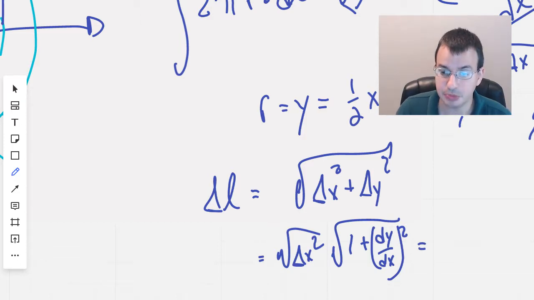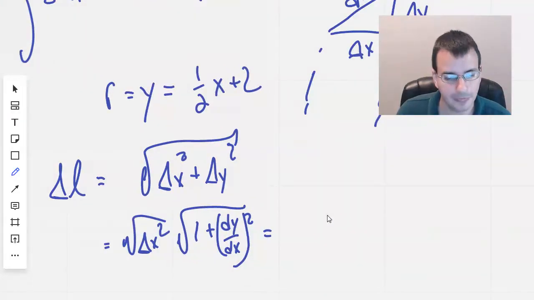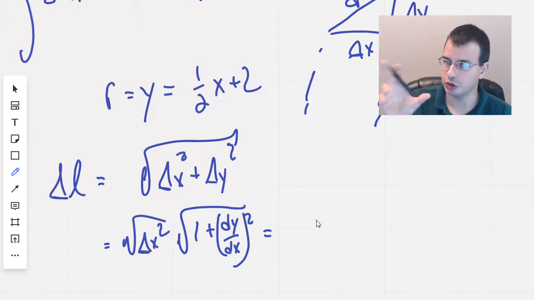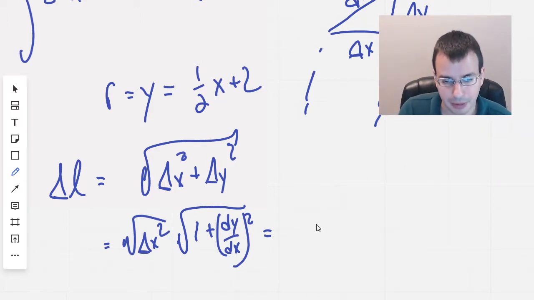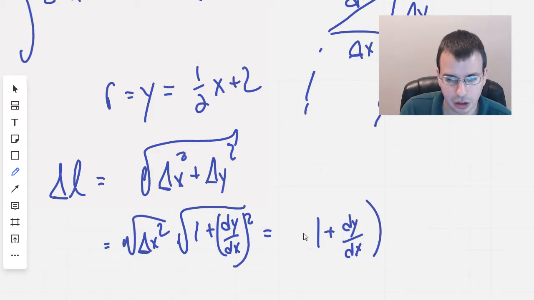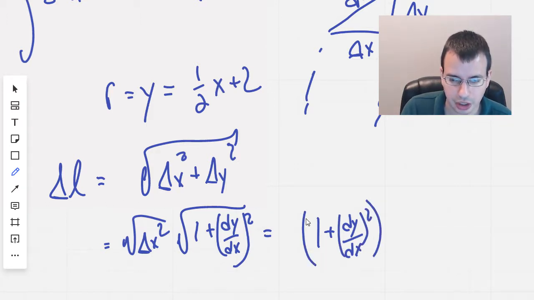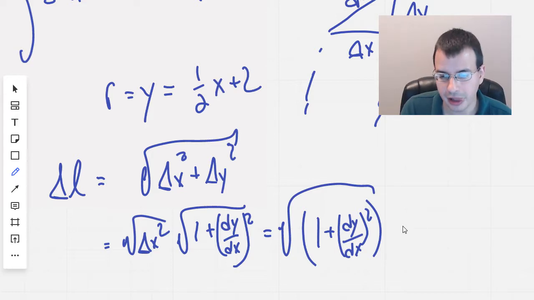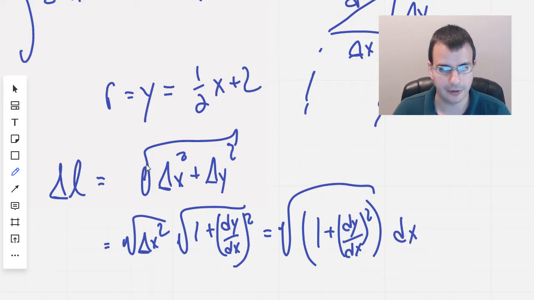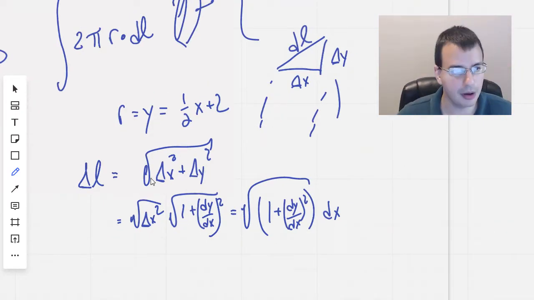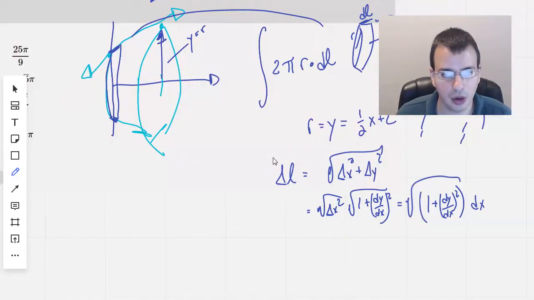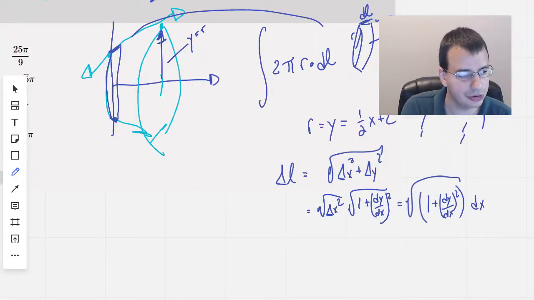And then this gives us pretty much our arc length formula that we've seen from more traditional arc length problems. So 1 plus dy dx squared, square rooted, dx. Okay, so now that we've got a whole bunch of things written up, let's rewrite our formula in a way that's a little bit more comprehensible to us. So we'll do red.